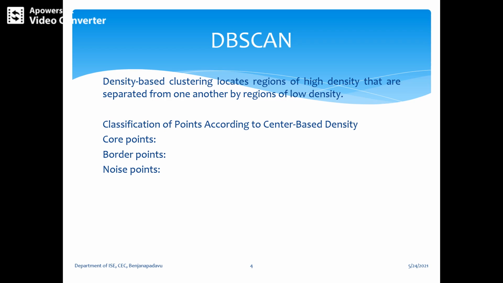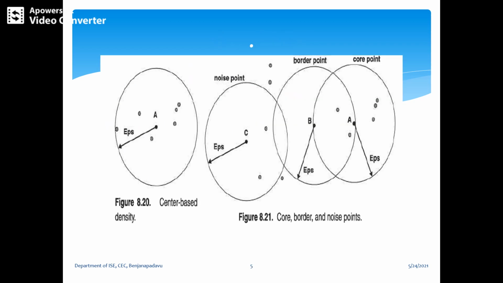The core points are in the interior of a density-based cluster. Here the core point is visible in this diagram. We are going to discuss the classification of a point according to center-based density.